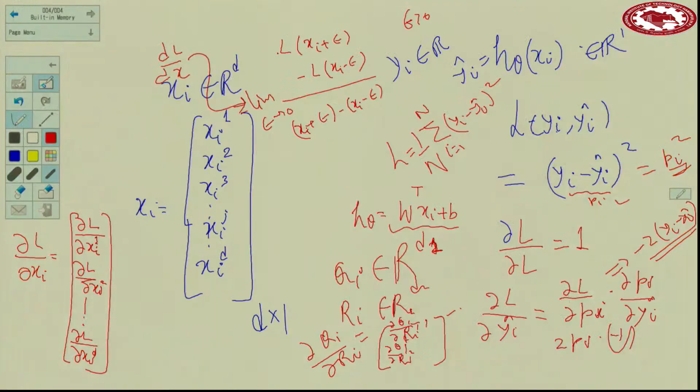Is it clear? The denominator is basically the change in the input, which is 2 epsilon. Corresponding to this change, how much change do you sense in the output, or in the function L? This ratio defines the gradient, or the derivative.